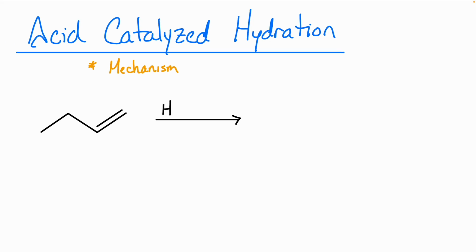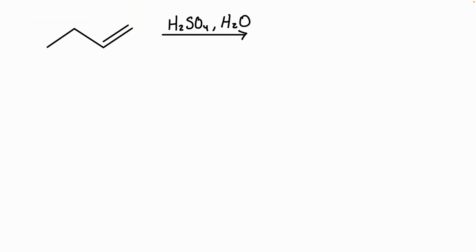So we're going to put H2SO4 and water. Okay. All right, so the first step in our mechanism here, let's leave that for our substrate reagent product combination. We'll do our mechanism down here.